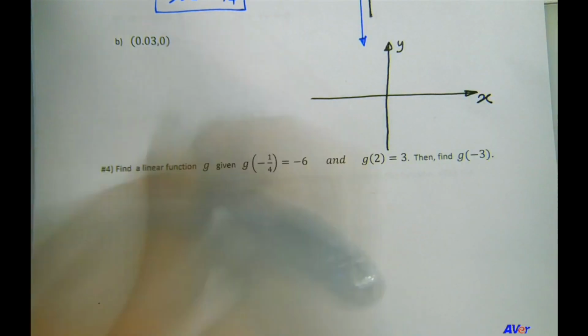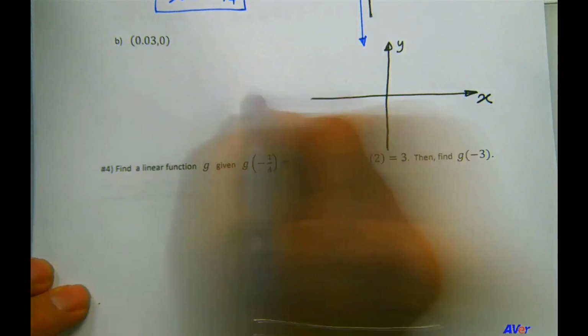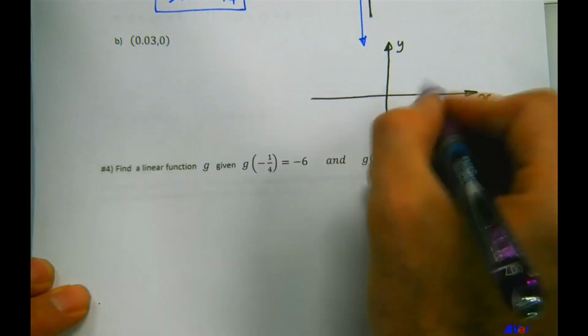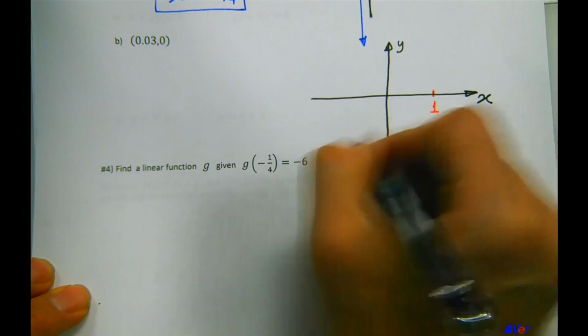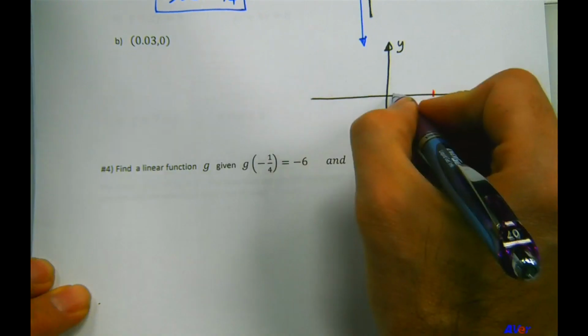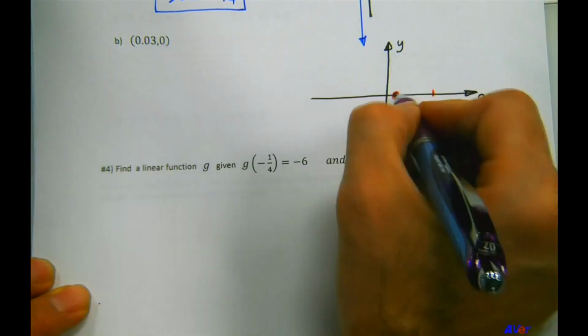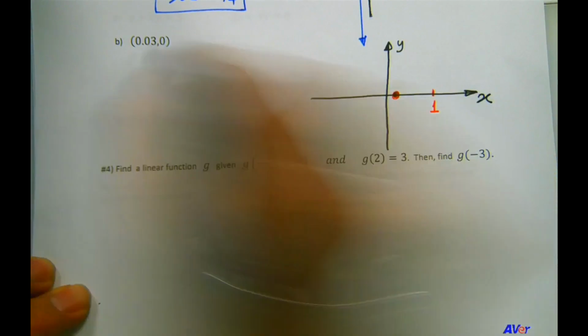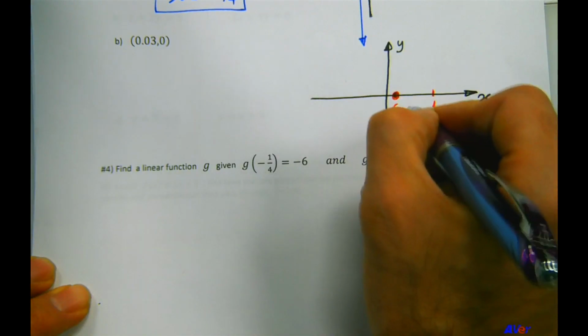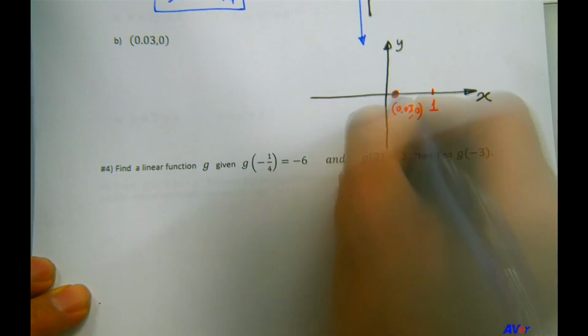And let me take my increment a little bit large. So I want to take 1, that's 1. So 0.03 would be somewhere here, right? And it's going to be 0.03 comma 0. So this is going to be the x-intercept, 0.03 comma 0. That's that point.